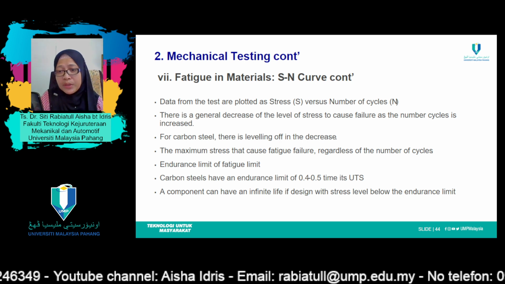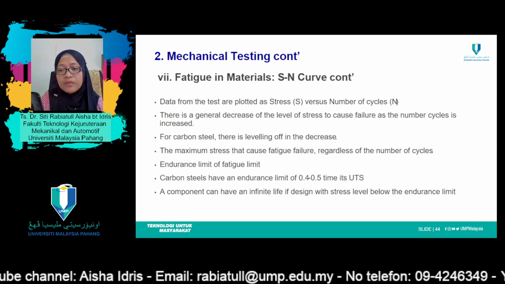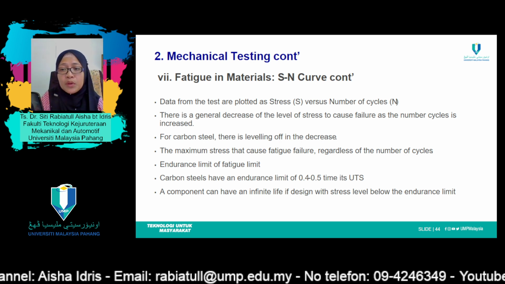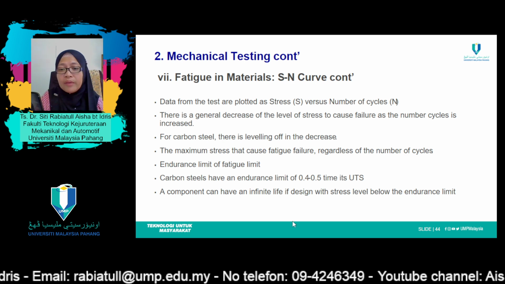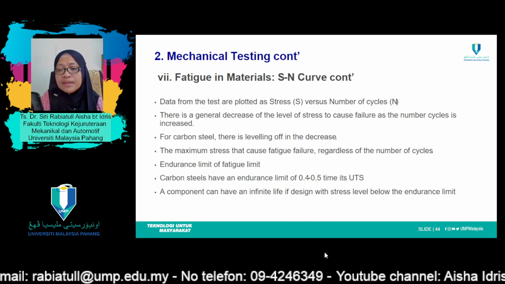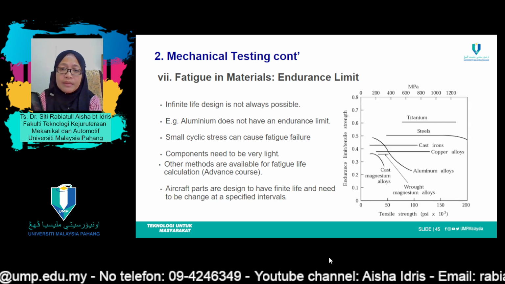Carbon steel has an endurance limit of around 0.4 to 0.5 times its UTS. UTS represents ultimate tensile strength. A component can have an infinite life in design with stress level below the endurance limit.